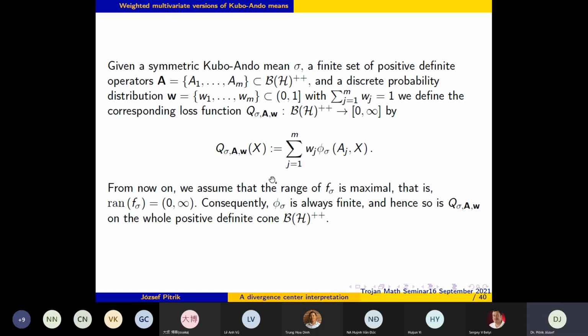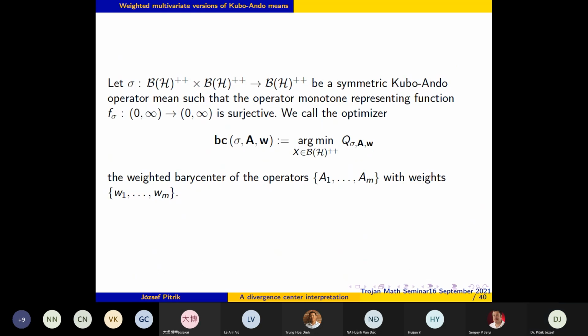Okay, and now a technical remark. From now, we assume that the range of F sigma is maximal, that is, it's the positive half line. This technically implies that phi sigma is always finite, and so is the quantity Q. And now we can define the weighted barycenter of operators with respect to the new divergence phi sigma as follows.